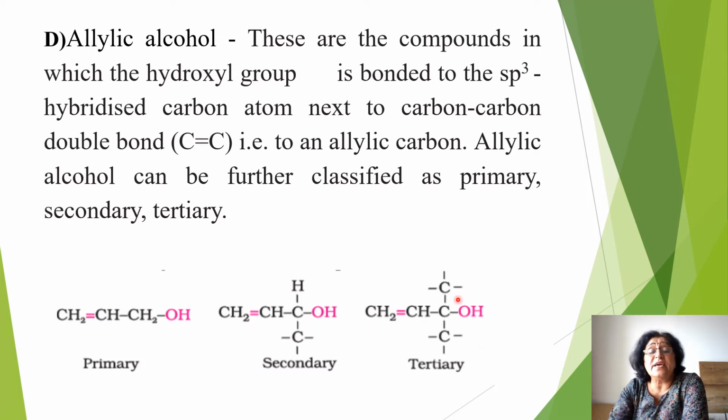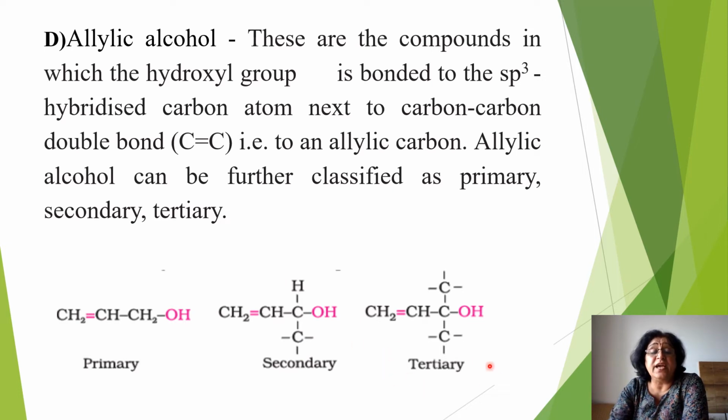While if the sp3 hybridized carbon containing the OH group contains two alkyl chains, and of course it is attached to the carbon double bond carbon, then it is called tertiary allylic alcohol. In primary allylic alcohol, the sp3 hybridized carbon contains how many H? 2H. In secondary allylic alcohol, the sp3 hybridized carbon attached to the OH contains one alkyl group and one hydrogen.